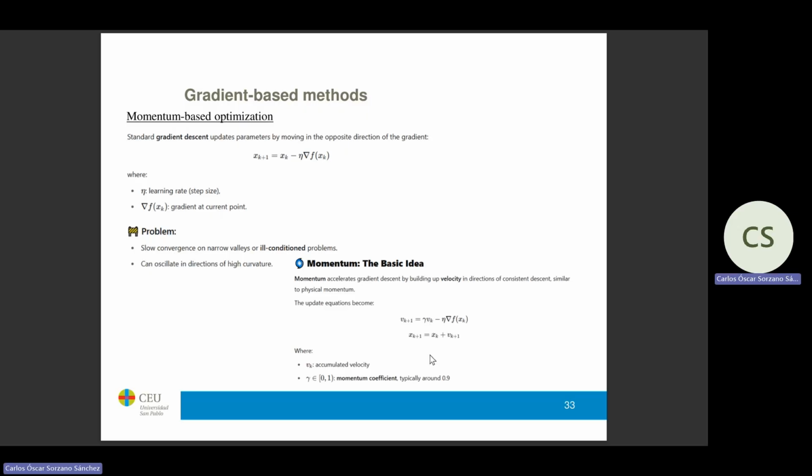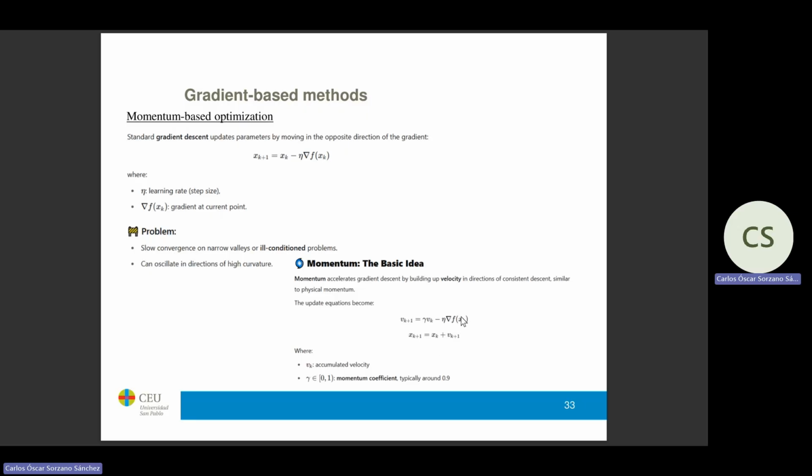This gamma typically takes values like 0.9, and this eta is the learning rate, and you may choose it to be 1 minus gamma if you want, but you are also free to put anything else. It is how much more important the current gradient is with respect to the previous velocity. And then you update your position with the velocity.